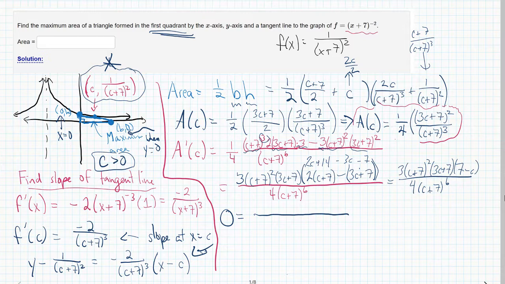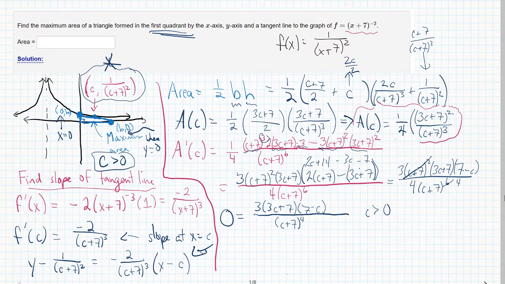So notice 0 equals, the (c plus 7) squared will cancel off with the 6 and make a 4 down below. So 0 equals 3 times (3c plus 7) times (7 minus c) all over (c plus 7) raised to the 4th. So notice we have also the requirement that c is greater than 0.